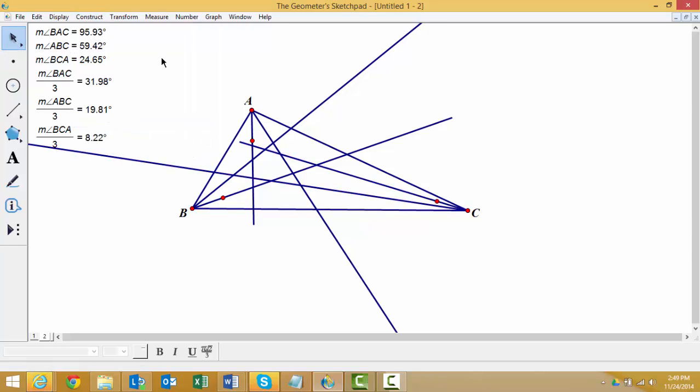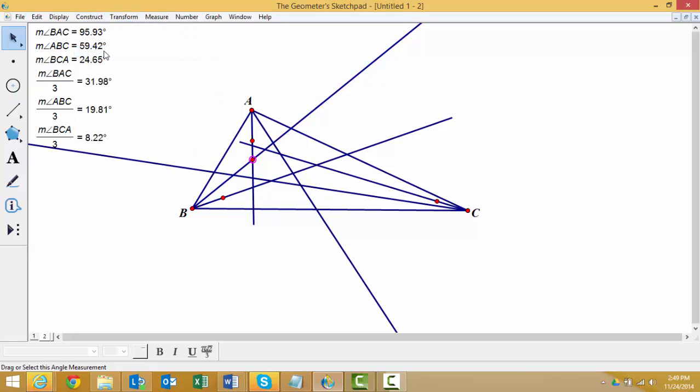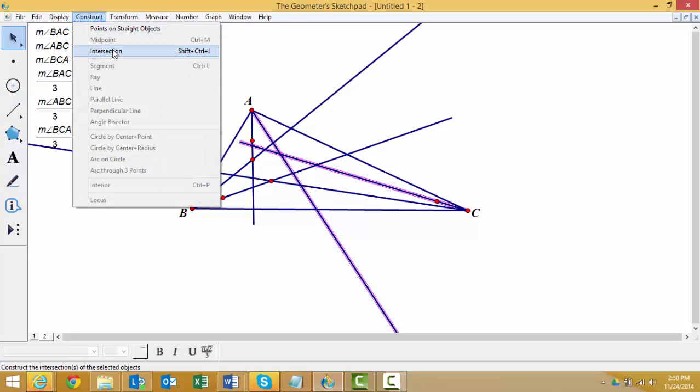So now I'm just going to take the outer trisectors. For example, I'm going to take this, and then construct the intersection. Okay? So now, similarly, I'm going to take this outer, this, and then construct the intersection. So similarly, take the outer, and construct the intersection.